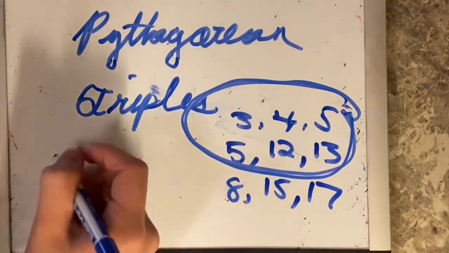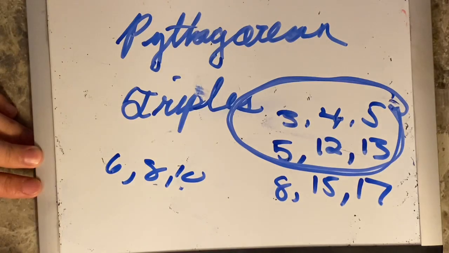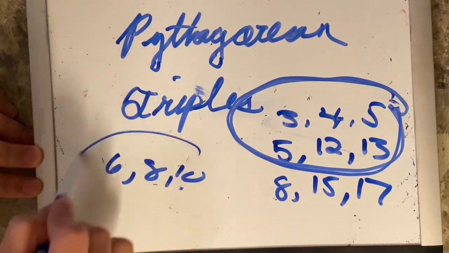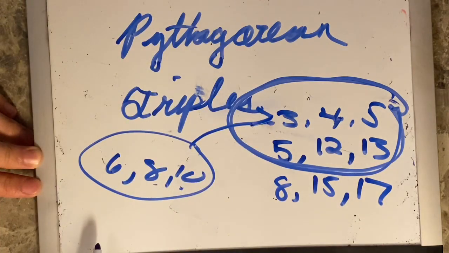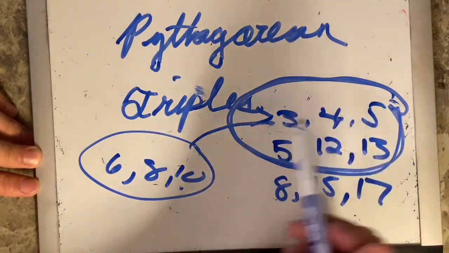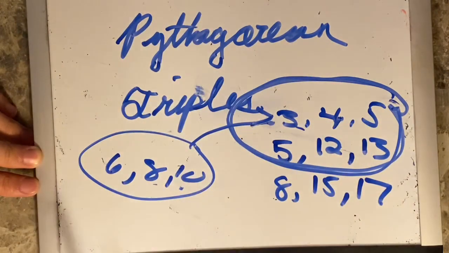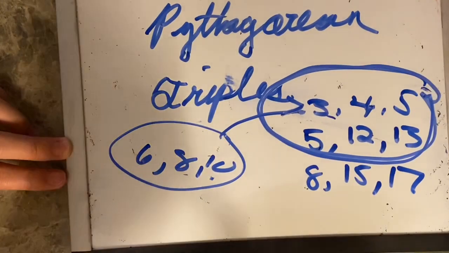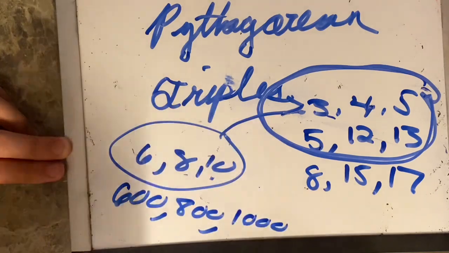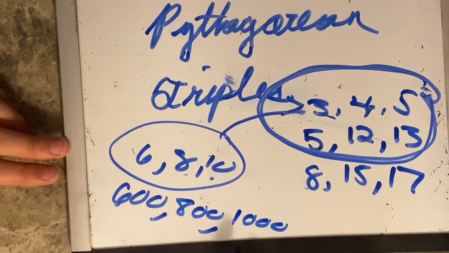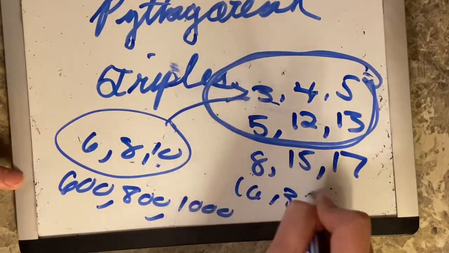So for example, a 6, 8, 10 will be a Pythagorean triple because this sequence right here is this on steroids, or also known as multiplying each number by 2. So 3 times 2 equals 6, 4 times 2 equals 8, 5 times 2 equals 10. And then you can multiply this by 100, so 600, 800, 1000. This will still be a Pythagorean triple, all right? 8, 15, 17 could be 16, 30, 34.